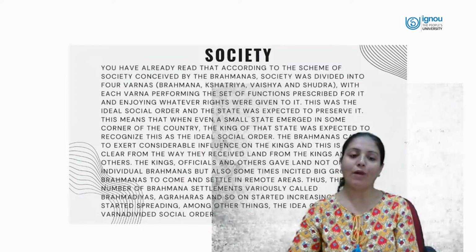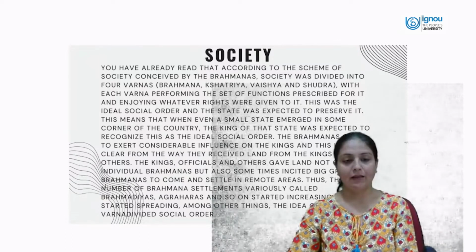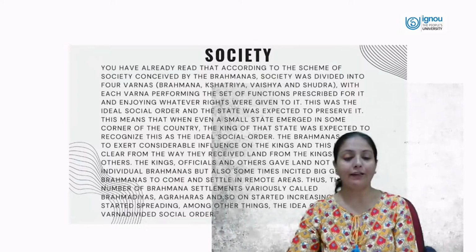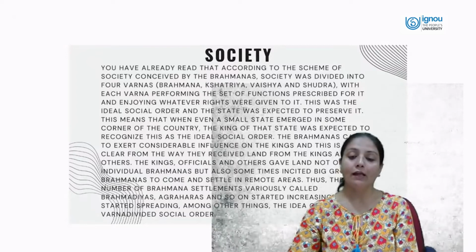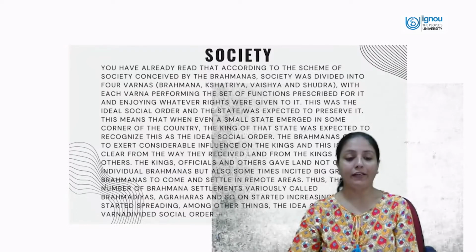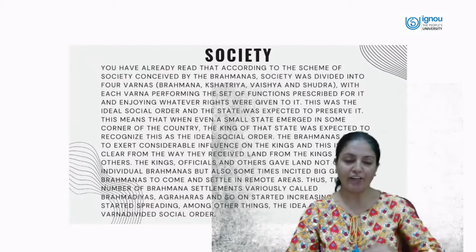Thus, the number of Brahmin settlements, variously called Brahmadeyas, Agraharas, and so on, started increasing, and they started spreading, among other things, the idea of a varna-divided social order, meaning Brahman, Kshatriya, Vaishya, and Shudra.